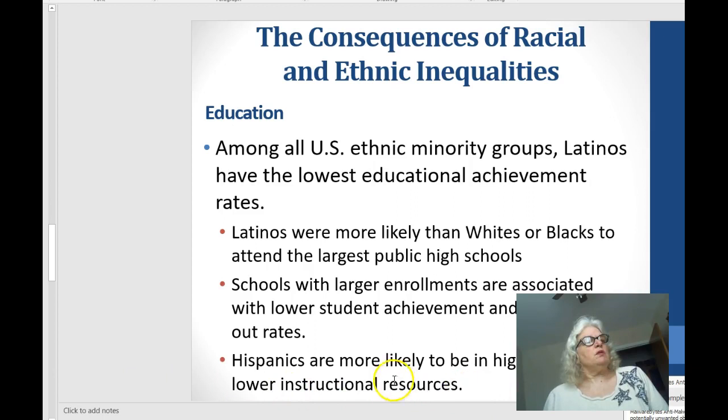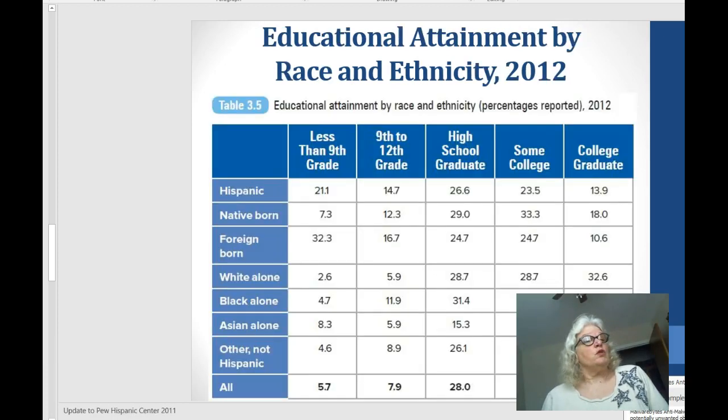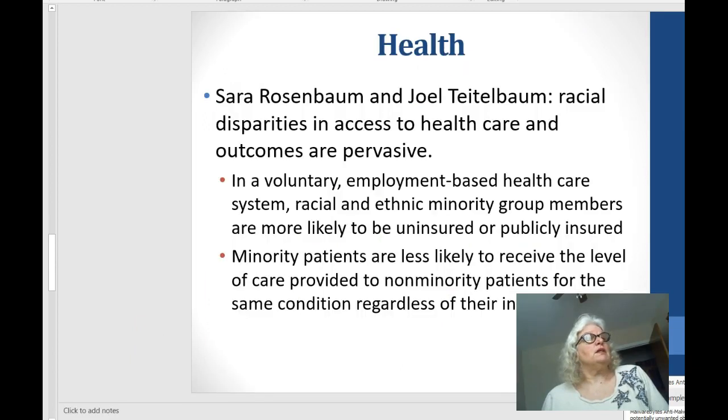Hispanics are more likely to be in high schools with low instructional resources, textbooks that are 10 and 20 years old and not replaced, poor buildings, as well as teachers who may be under more duress and at times less qualified. So we can see this difference in achievement.